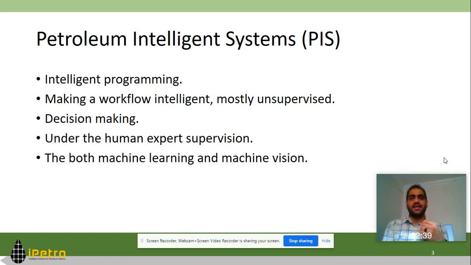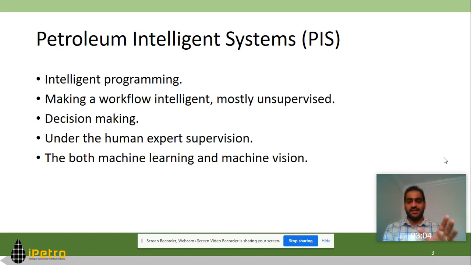When you teach a computer to think and act like a human expert and help the human expert, as an assistive technology for increasing the speed of interpretations or the speed of decision making, this is petroleum intelligence systems.